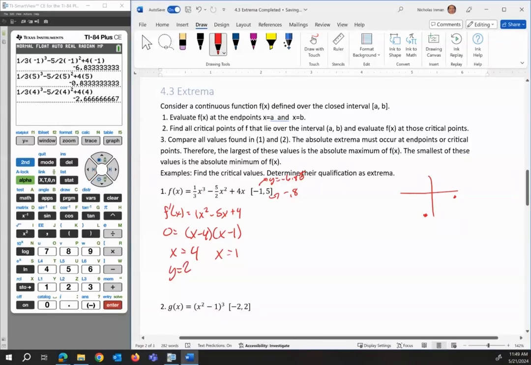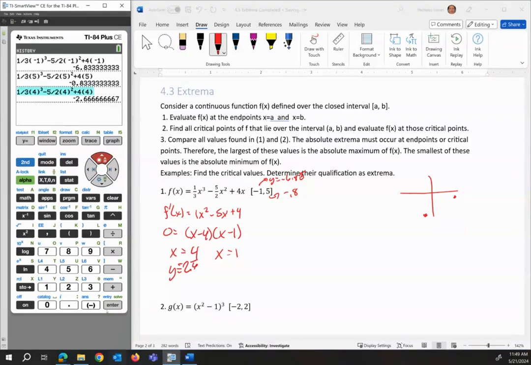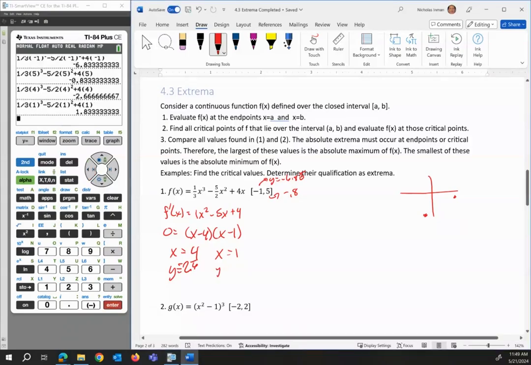Here we have negative 2.6. Here we have a positive 1.8.